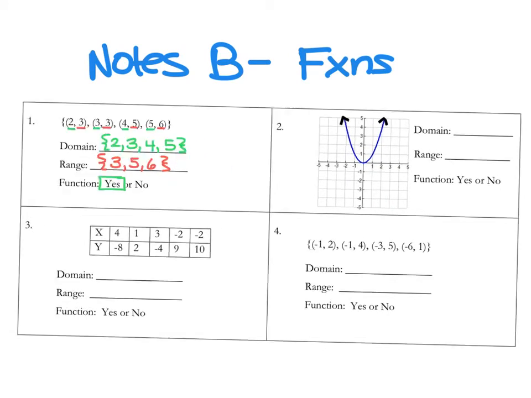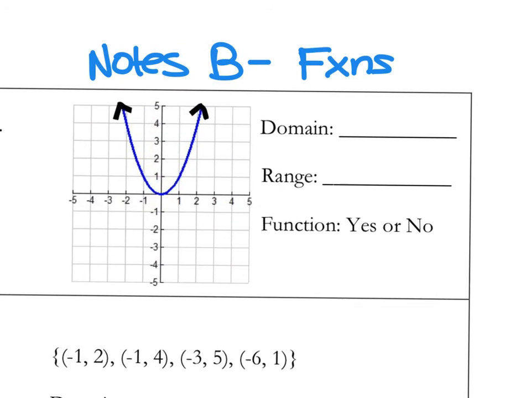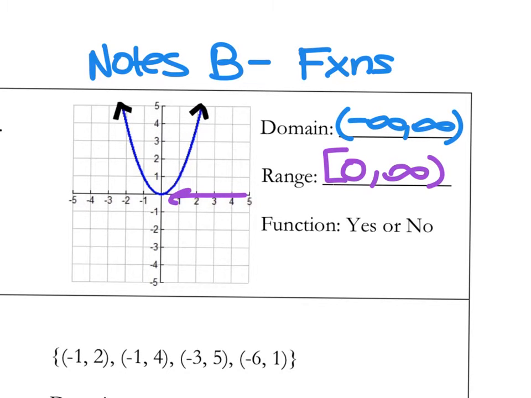There's my range. This is a function because the x values do not repeat. Number 2, my domain. We already know how to do this one, negative infinity to infinity, okay? My range bottoms up. So my y value on the bottom is a 0, and it's going to go up forever to infinity. Is this a function? Guys, for the function, we got to look at the vertical line test. I love the vertical line test.